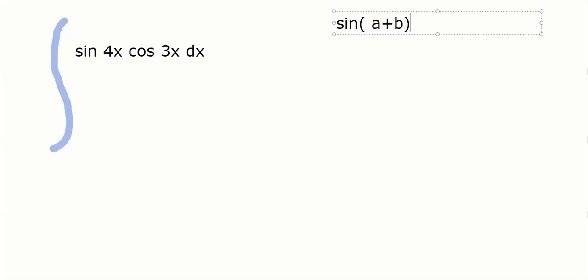When you combine those formulas, we can find a formula with sin (a plus b) and sin (a minus b) together. Like that, 2 sin a cos b is equal to sin of (a plus b) plus sin of (a minus b).